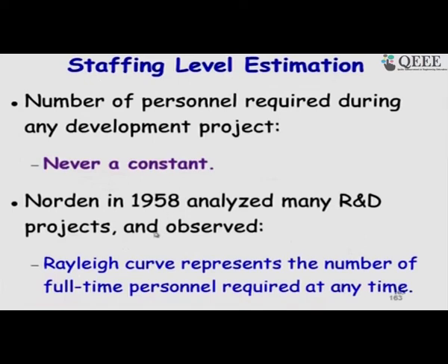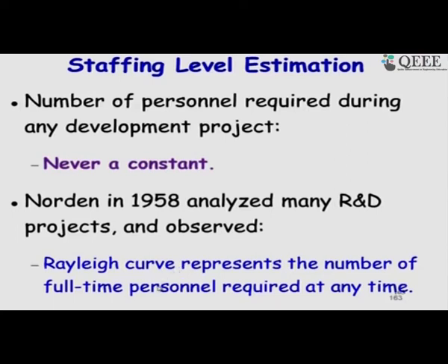that Norden, in a very old result from 1958, 60 years back, was analyzing R&D projects, and he said that in an R&D project, unlike a construction project or, let us say, the counters in a shop and so on, a Rayleigh curve would model the number of personnel that would be required at any time.